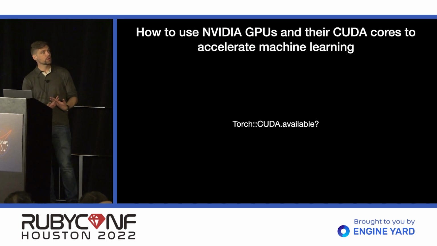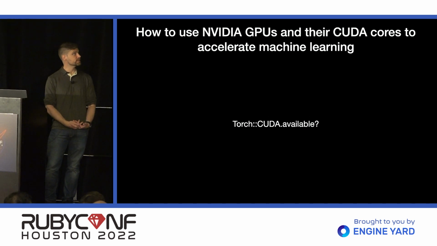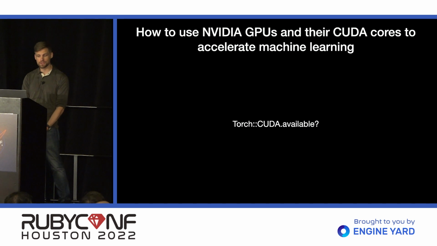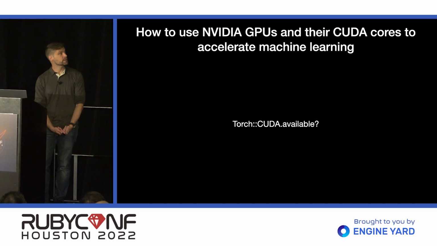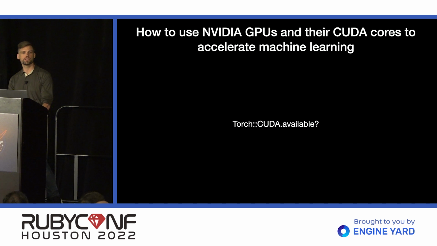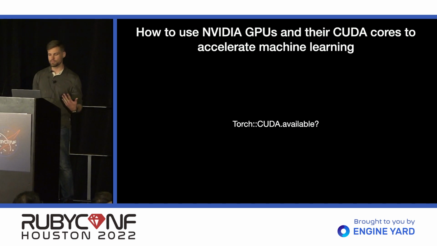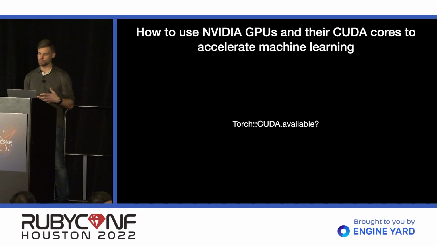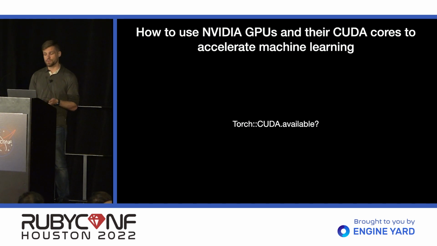So how can we use Torch to leverage an NVIDIA GPU with CUDA cores? This is something that I mentioned earlier in the talk. It's a requirement for the work that I do. And TorchRB gives us a way of communicating with libtorch to check for and utilize CUDA cores. If you're not familiar, it is the Compute Unified Device Architecture for accessing NVIDIA GPU cores.